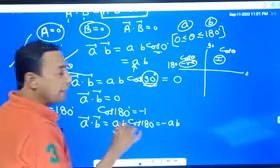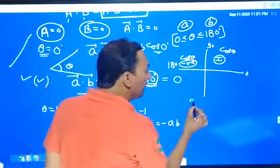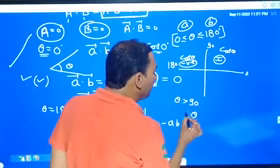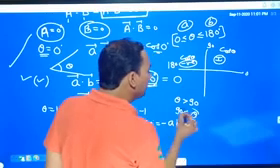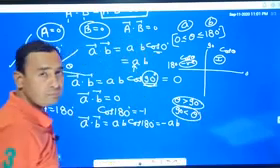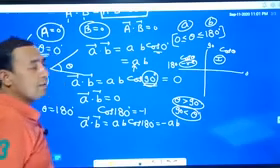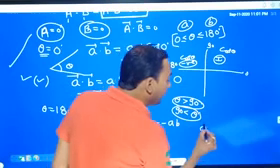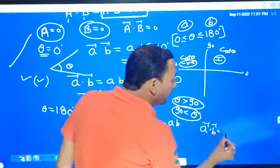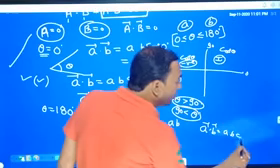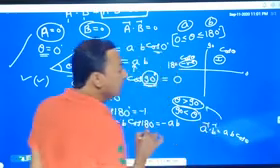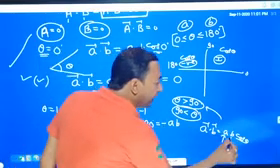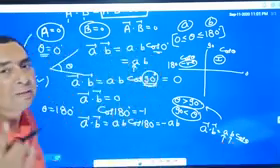So if the angle theta between two vectors is greater than 90 degrees, then a dot b is magnitude of a, magnitude of b and cos theta. In this condition cos theta is negative, but a and b are positive. The magnitude of a vector is never negative.